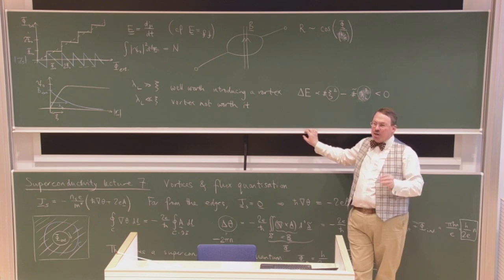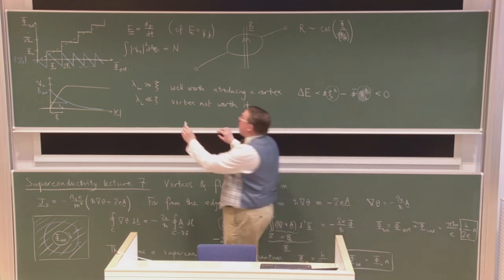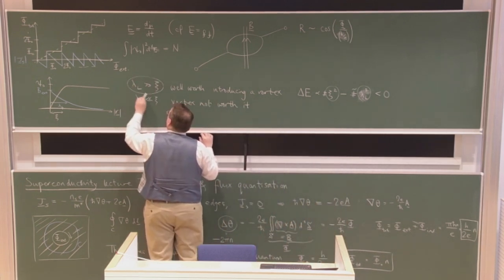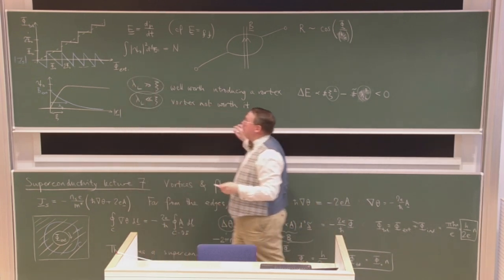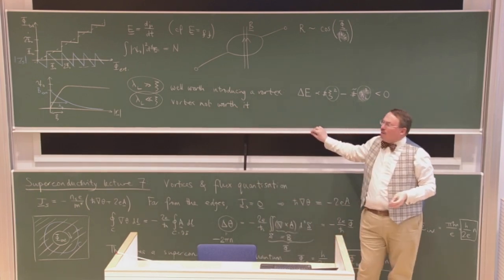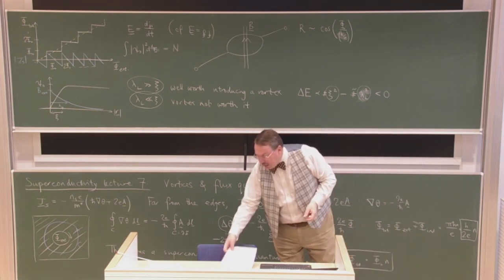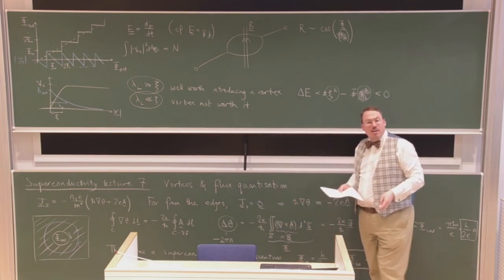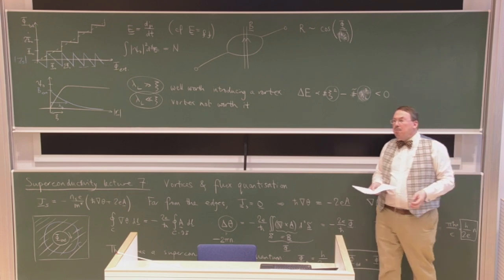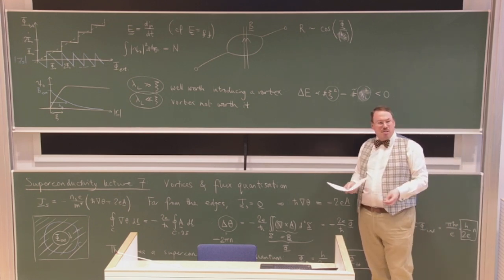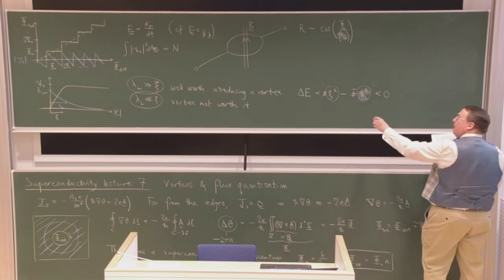So there are these two types of behavior which depend on the ratio between the penetration depth and the coherence length in the superconductor. And you might wonder, is there some relation that these have to have to each other? And the answer, it turns out, is no. Right? So there are superconductors of both of these types.